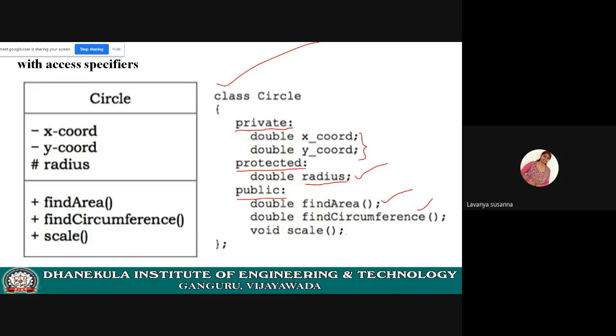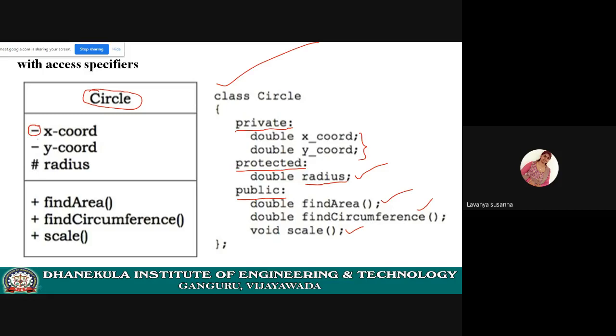Now let us see how to represent these graphically. Again, class circle has private, protected, public. How many variables are there? X coordinate, Y coordinate, and radius. Now, class name is circle. At the top of the rectangle, you need to represent the class name. Next, draw a line. Now these are private, right? Private means you need to represent minus.